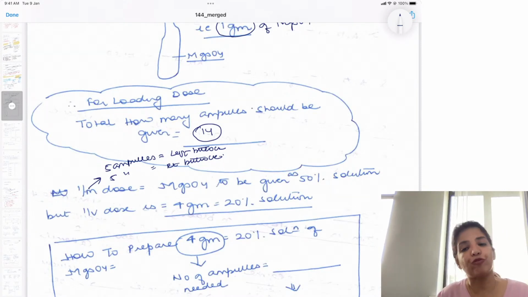And IM dose 50% की ही देनी है, but जो IV dose देनी है वो हमें देनी तो है 4 grams. We have to give 4 grams, but you have to give 20% solution.